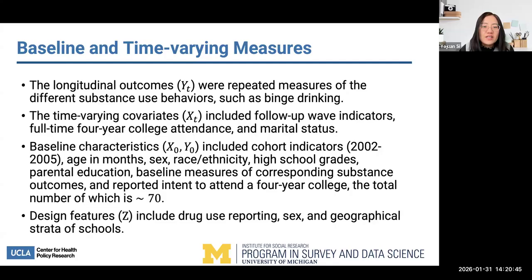We have gathered a long list of baseline characteristics, such as the cohort indicators, the year when the participant was recruited, their baseline age, sex, race, ethnicity, high school grades, parental education, and the baseline measures of the corresponding substance use outcomes, and others. So together, the total number of baseline characteristics is around 70.